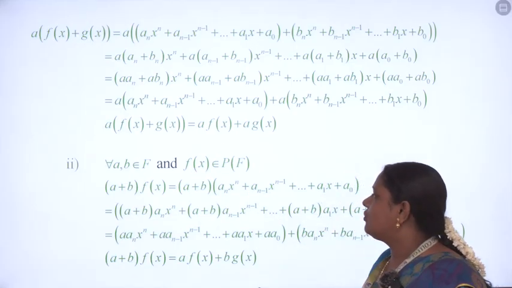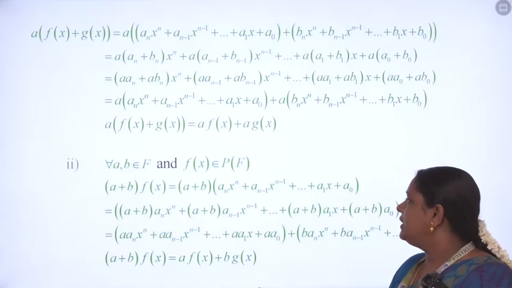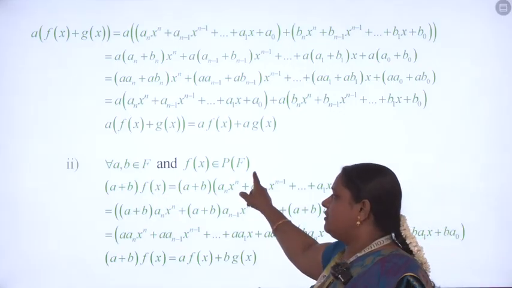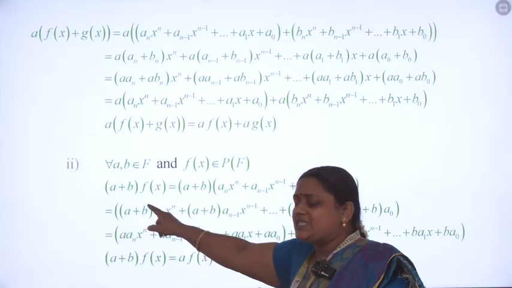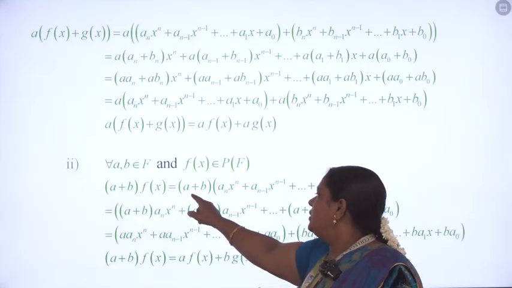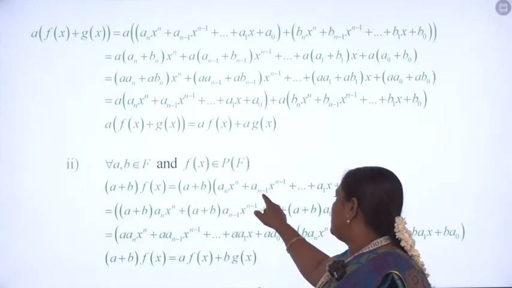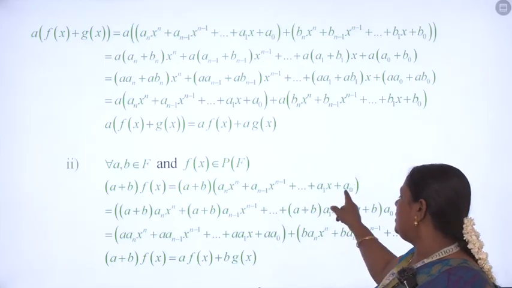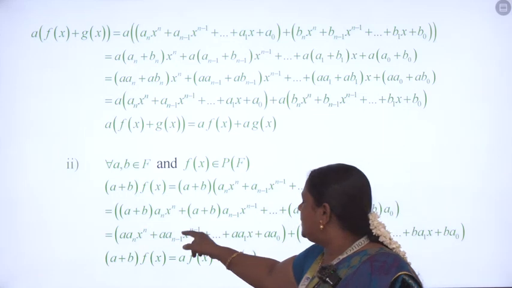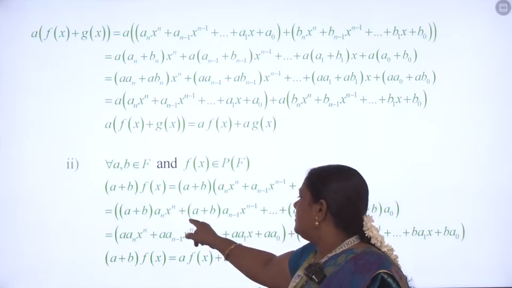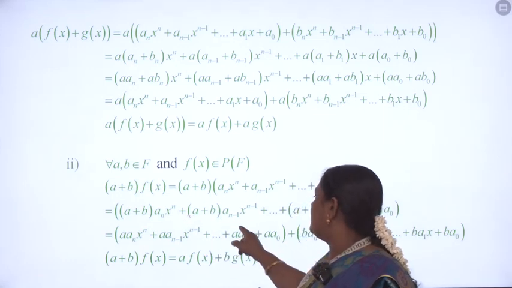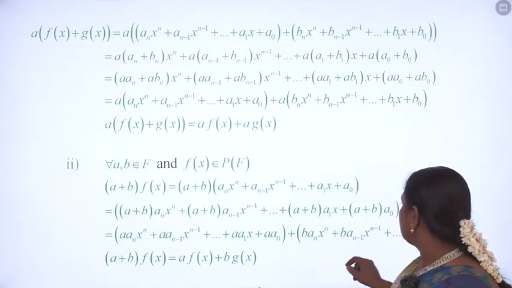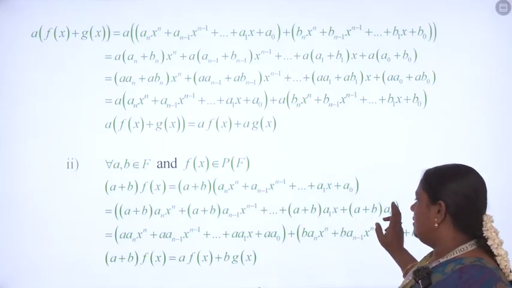Then next condition, for all a comma b belongs to F and f of x belongs to P of F, scalars a plus b into f of x equals a plus b into f of x, which has values an x power n plus an minus 1 x power n minus 1 and so on, a0. Then a plus b into an x power n plus a plus b into an minus 1 x power n minus 1 and so on, a plus b into a0.